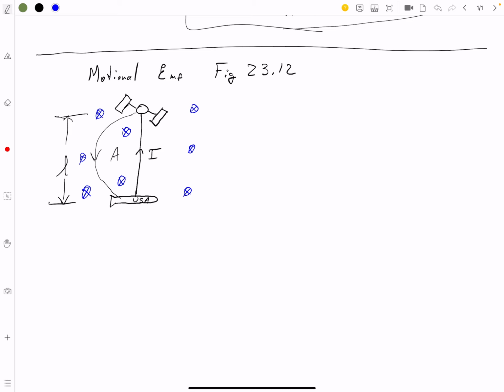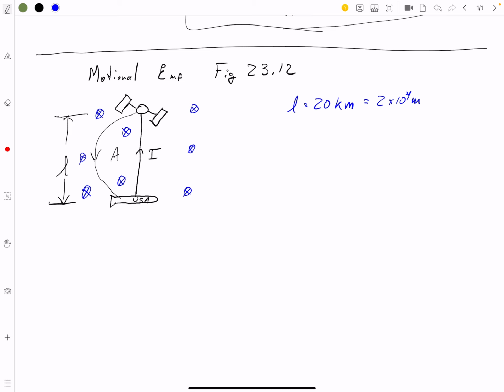Okay, so here we are. We're given that our length is equal to 20 kilometers. Let's write that out in meters: that's 2 times 10 to the 4 meters.